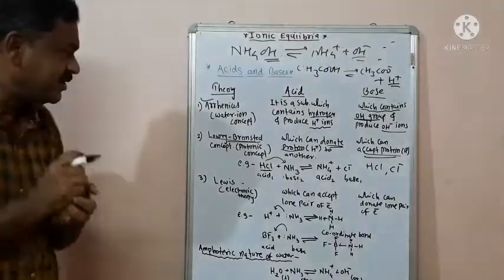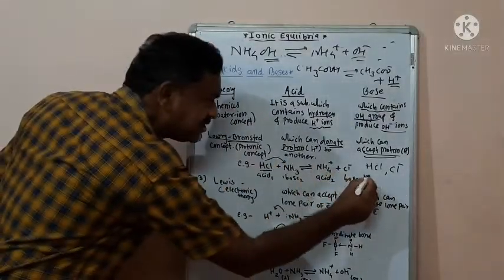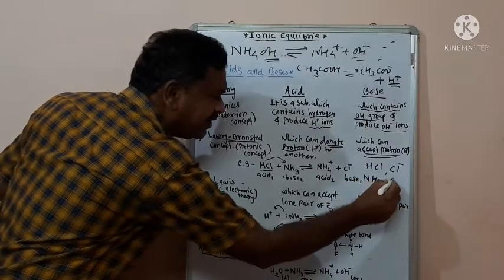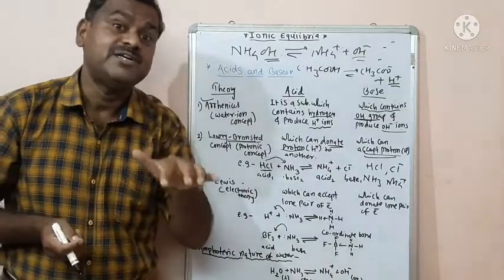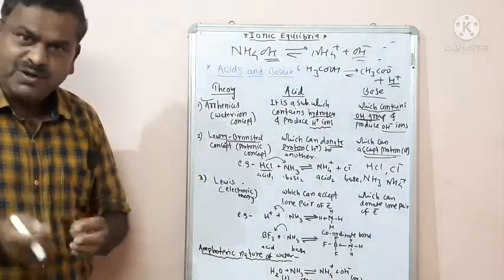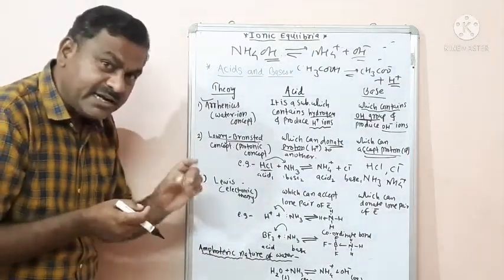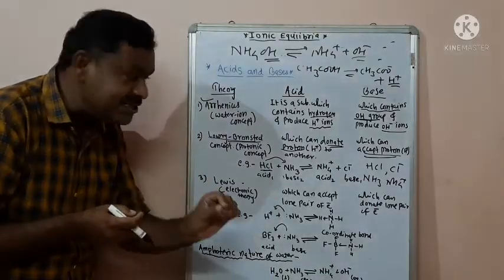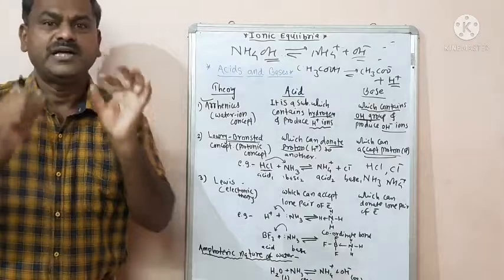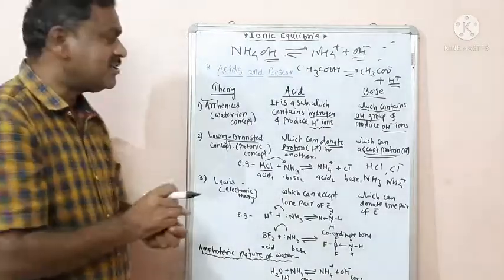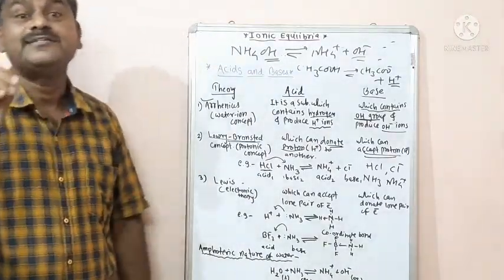Here NH3 and NH4 plus are also called a conjugate acid base pair, because chemical species that differ by only one proton are known as a conjugate acid base pair.